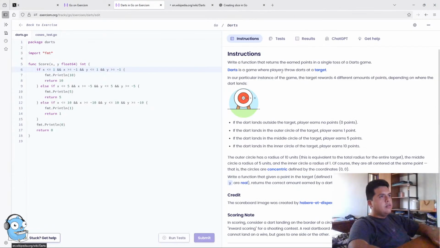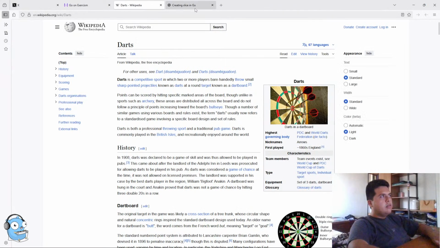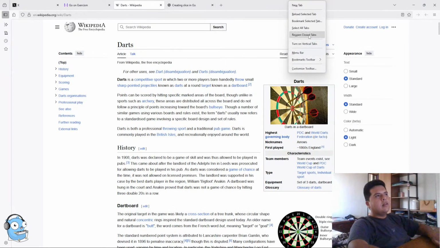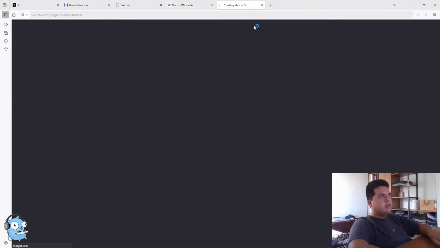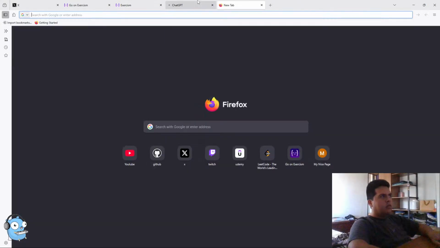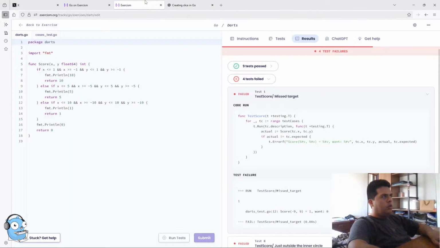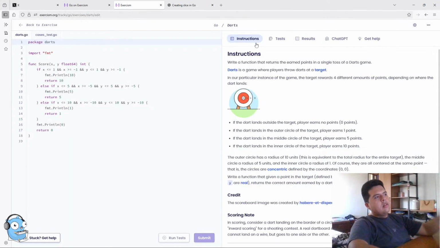Yeah, I know how. What are the same? Look, if inner circle on outer circle, 1 point. The outer circle has a radius of 10 units. They are centered on the same point.